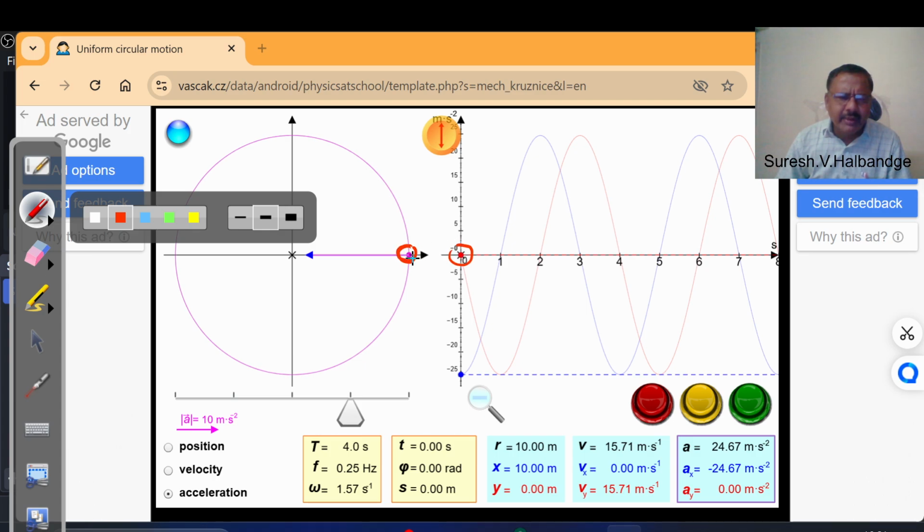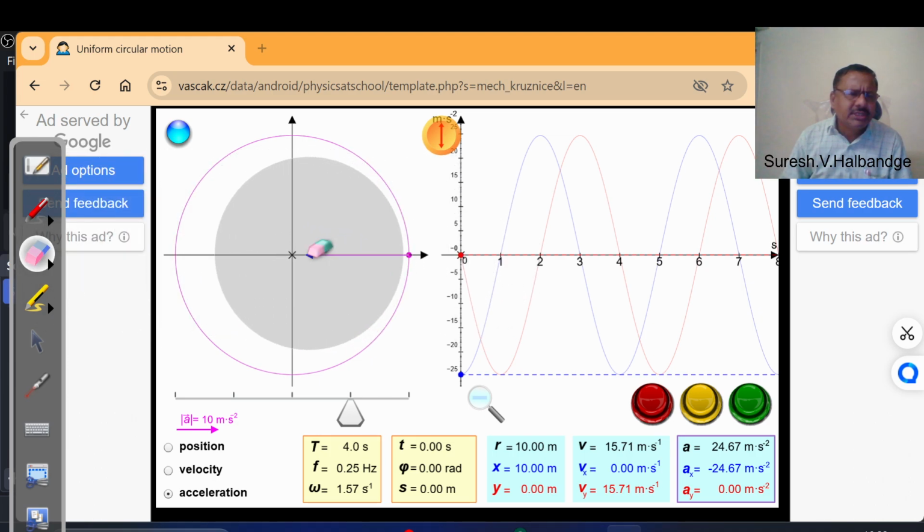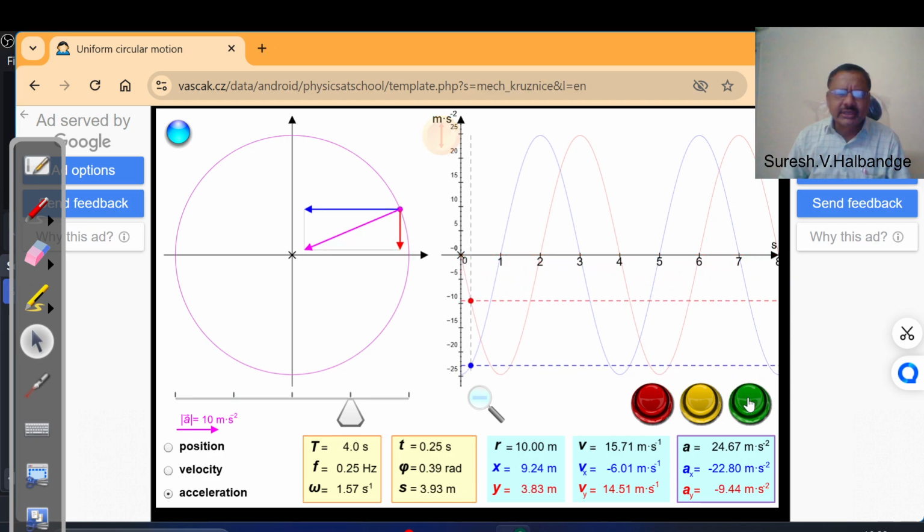So performing UCM, it is here. Performing wave motion, it is here, right? And the third one, which is moving along the diameter of the circle, that will be the third one. Now just observe this phenomenon carefully, right? I'll start this animation.